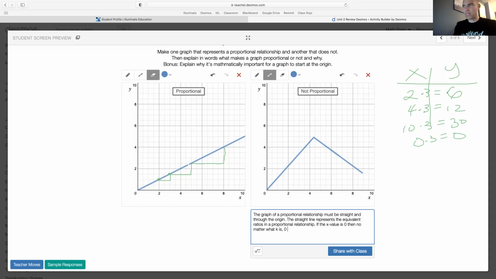So I'm going to write 0 times k. That x right there is a multiplication x. I don't usually use those, but 0 times k equals 0, right? Which is represented by the point 0, 0.